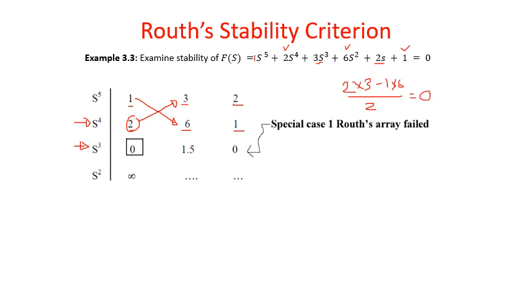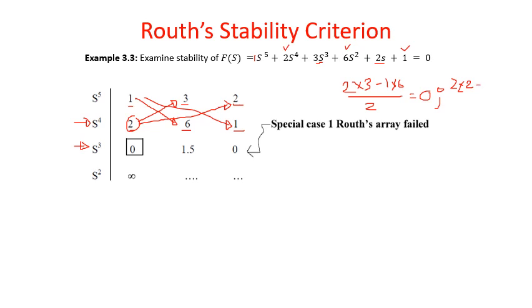Next, coming to the next one, 2 multiplied by 2, minus 1 into 1, whole divided by 2 only.